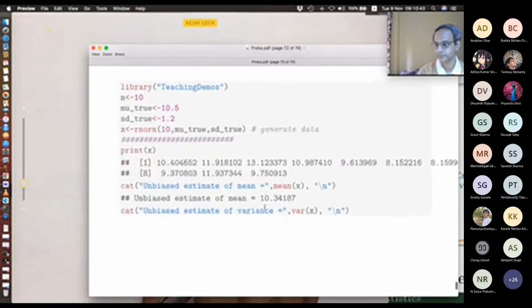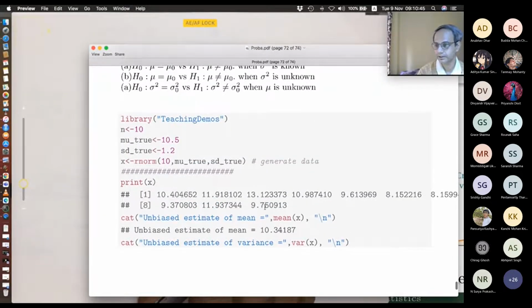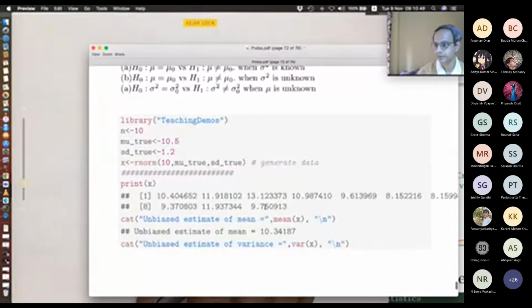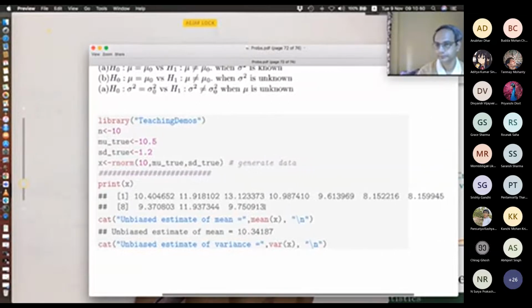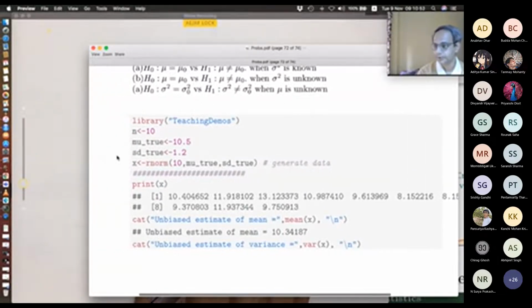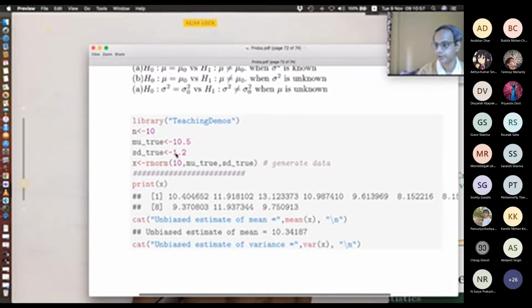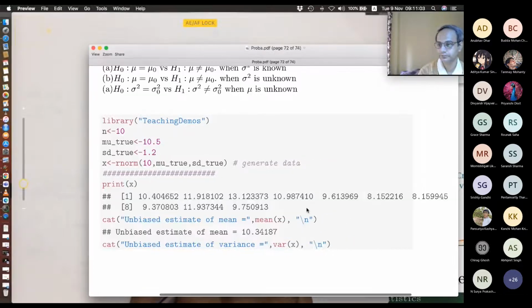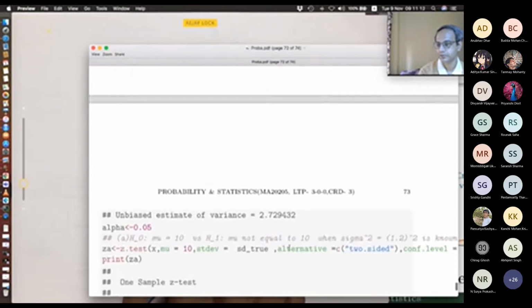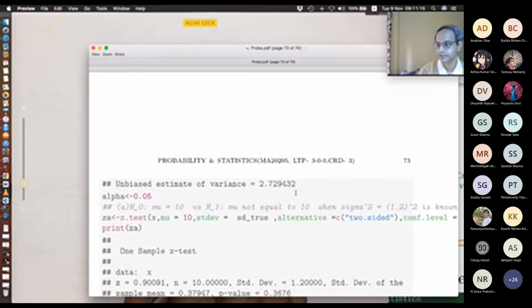Say for example, here is an example: 10 sample size, true mean 10.5, standard deviation 1.2. Ten samples are drawn. So here you can see the 10 observations that you have got. Unbiased estimate of mean is this. Unbiased estimate of variance is this.